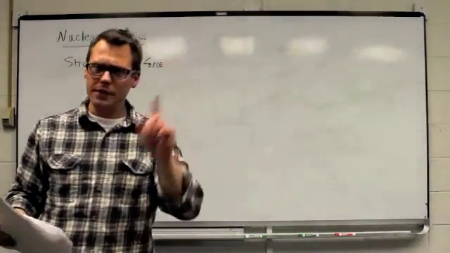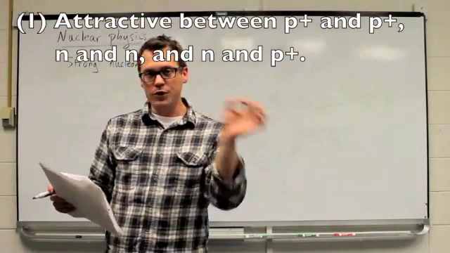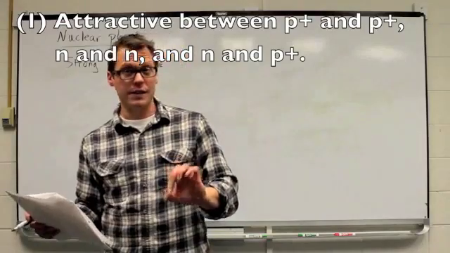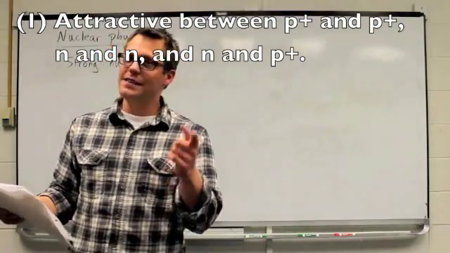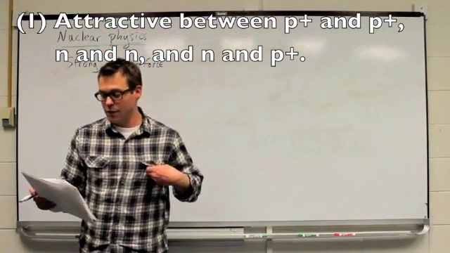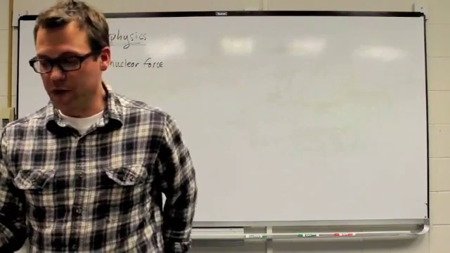And some general properties about the strong nuclear force. Number one, it is attractive between protons and protons, between neutrons and neutrons, and also between protons and neutrons. And the nice thing about that is that neutrons don't experience a repulsive electrostatic force, and so they can act as sort of a glue using this strong nuclear force.